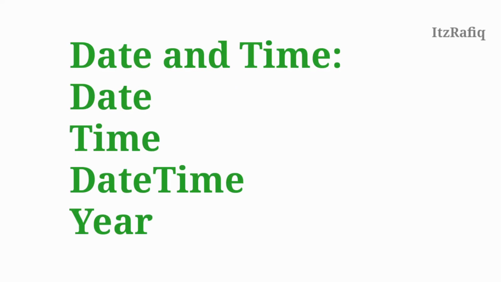And in date and time, we have date, time, and year. In date, the format is YYYY-MM-DD. For example, 2008-08-29. That means 29 August 2008.